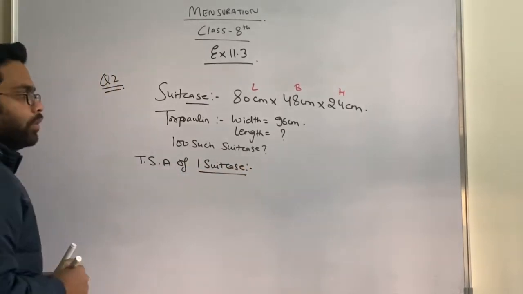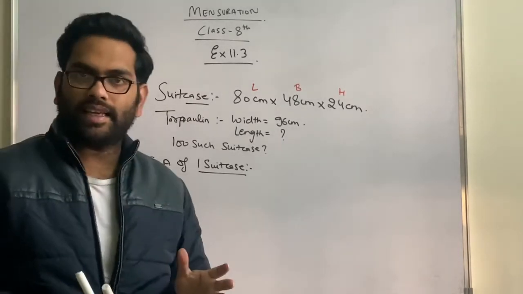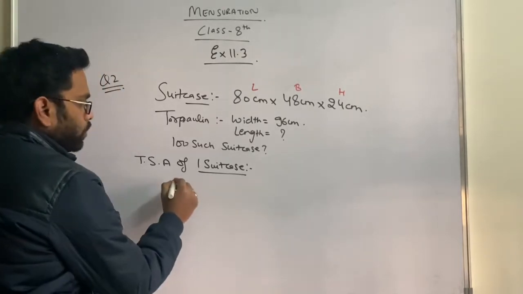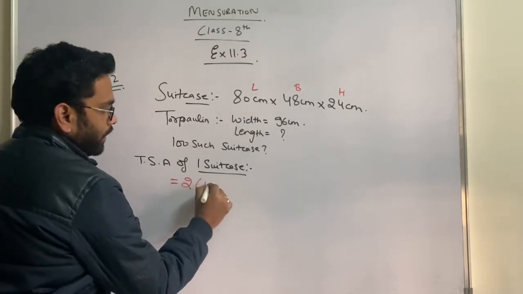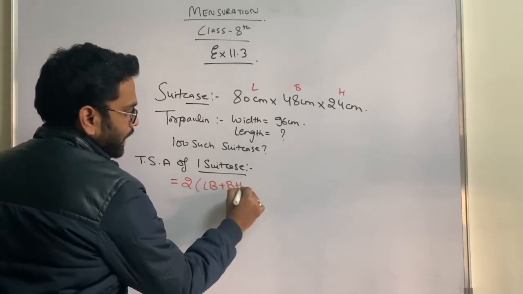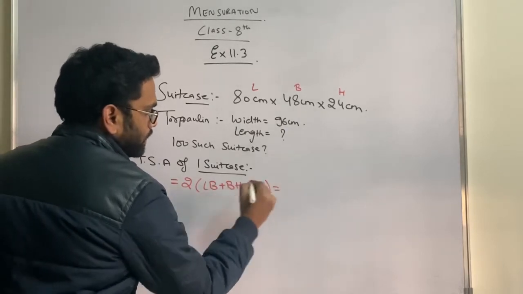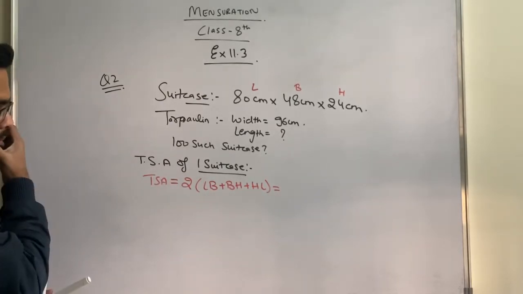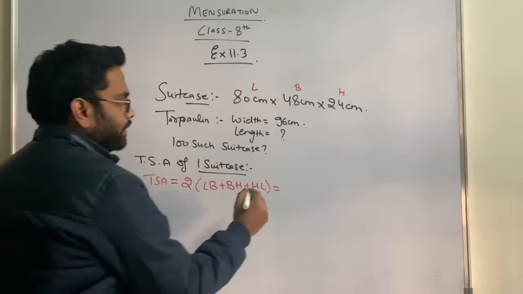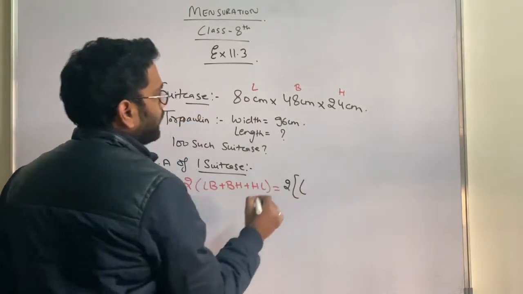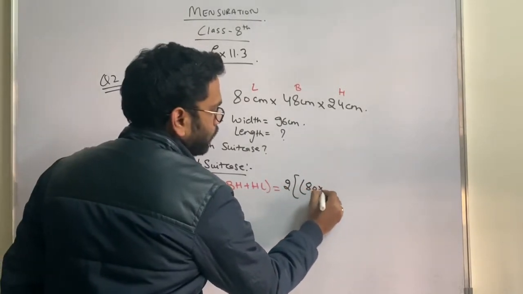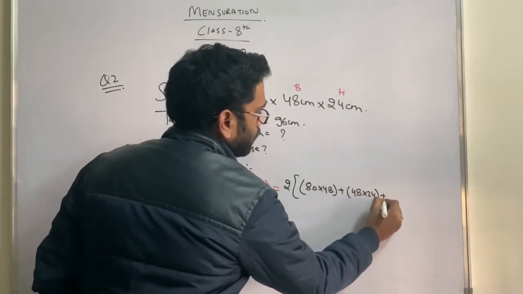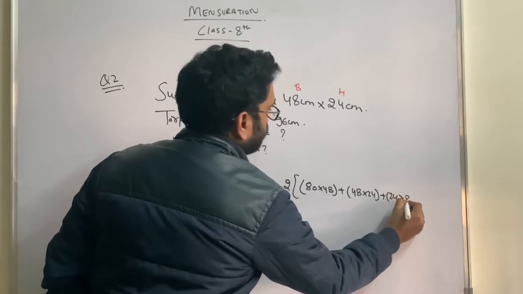We will consider how much requirement there will be for one suitcase. The total surface area is 2 times of LB plus BH plus HL. This is the formula of total surface area. Now putting into the formula: 2 into 80 into 48 plus 48 into 24 plus 24 into 80.